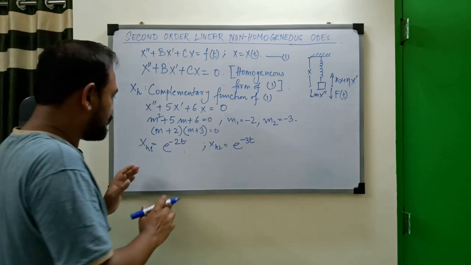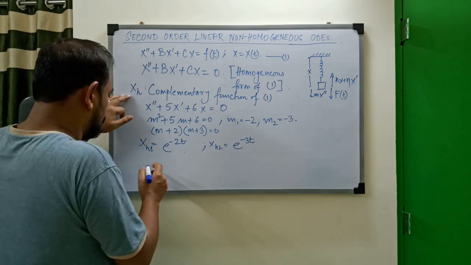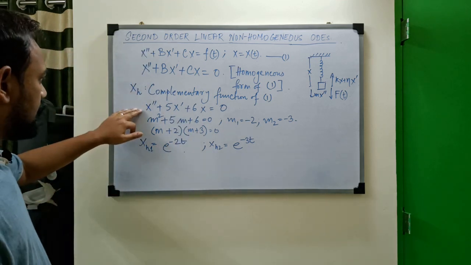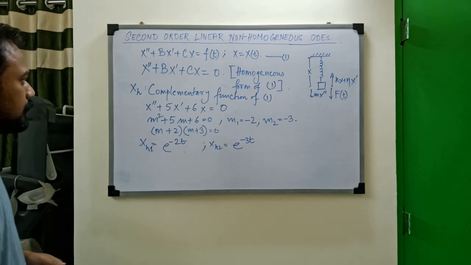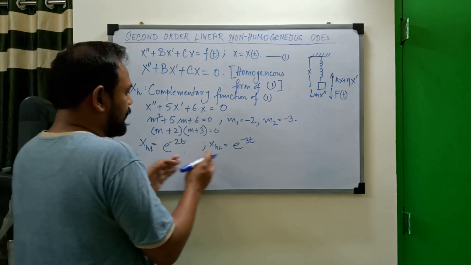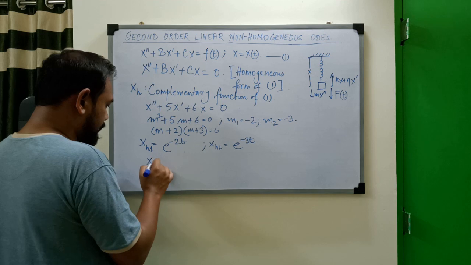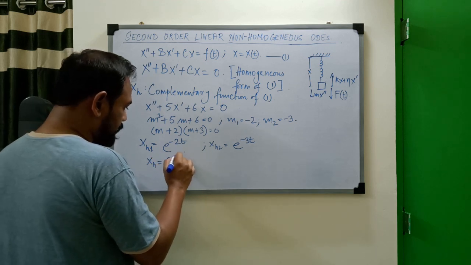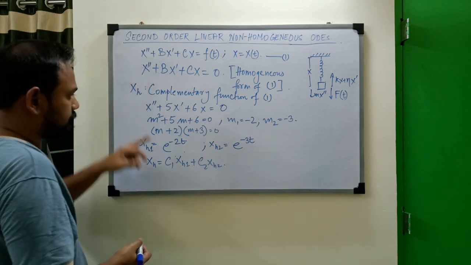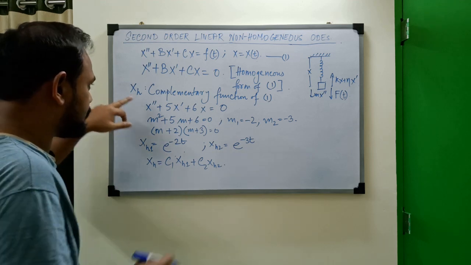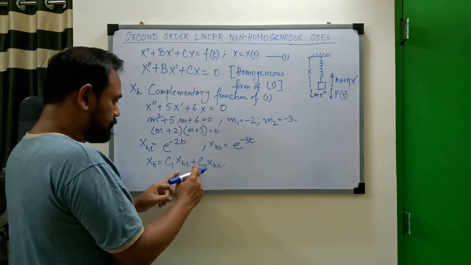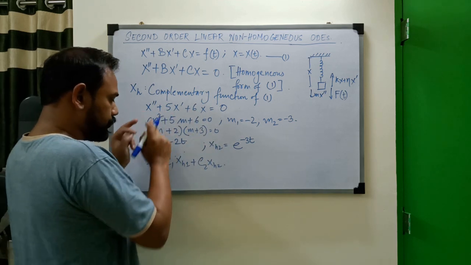So whatever it is, if you take one of these solutions, I can combine the two, as I said before, and write that as xh. This would be the general solution of this, which I can call xh. And this is actually the complementary function, the combination of the individual solutions for the homogeneous part.